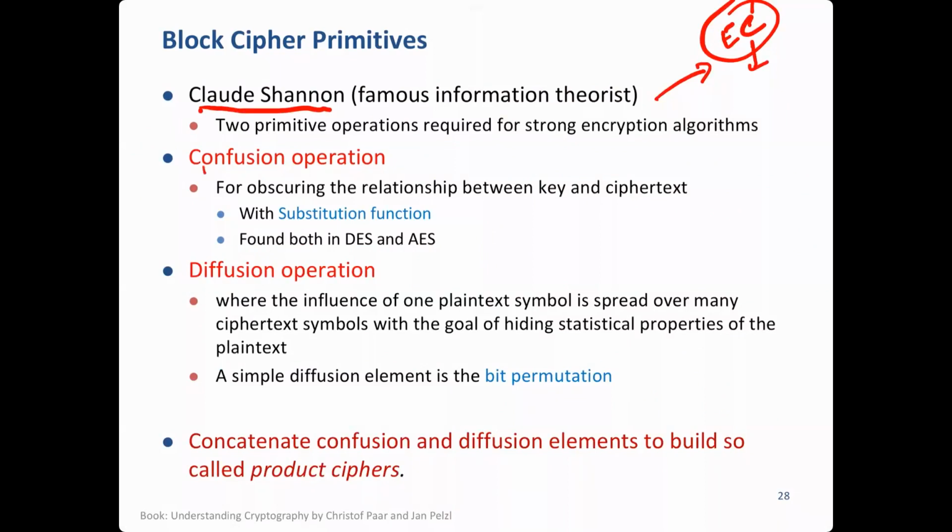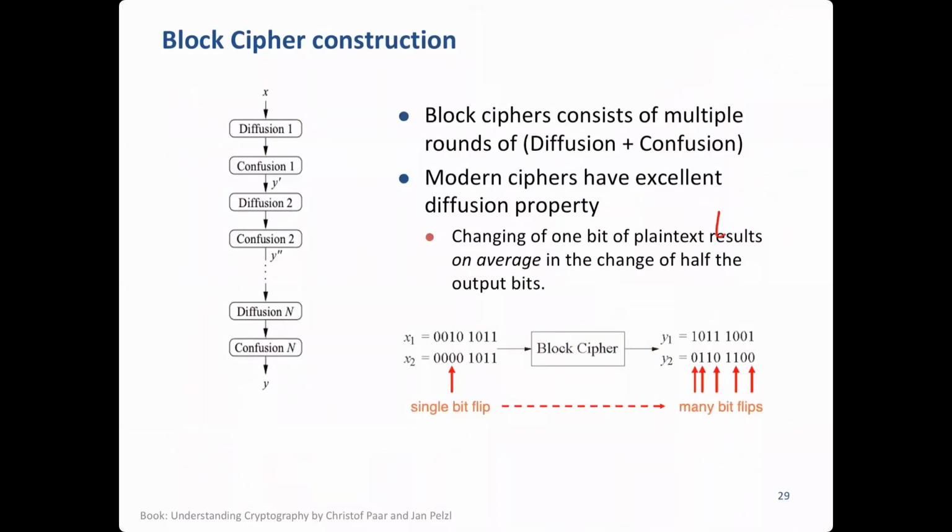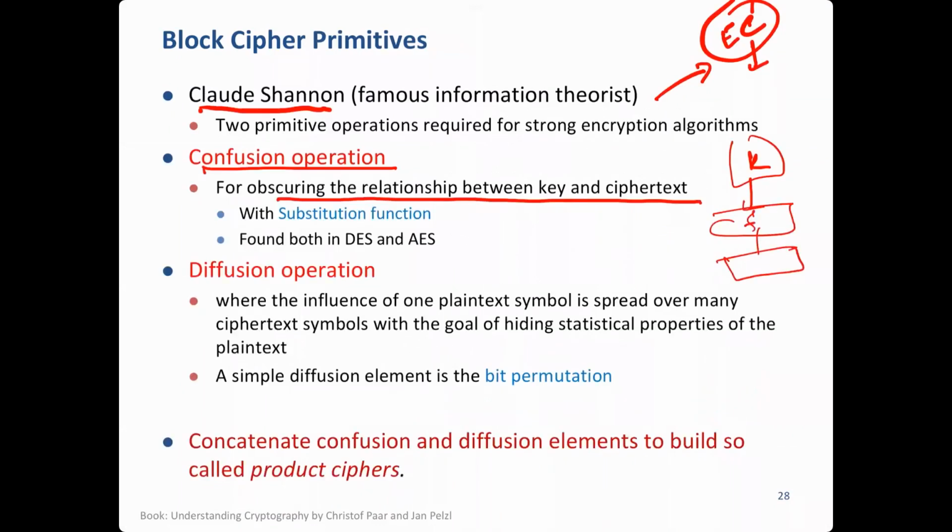The first is the confusion function, or confusion operation, which obscures the relationship between key and ciphertext. So there is a key, and using this key we generate ciphertext. So we need a function which will not show any relationship between key and ciphertext, right?